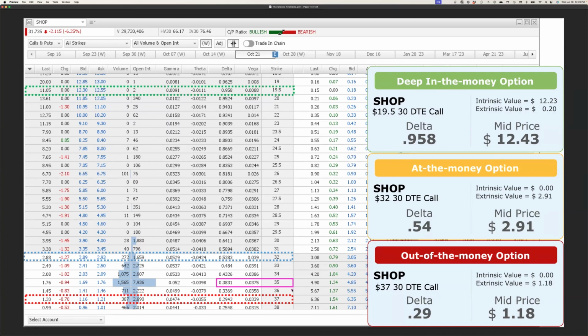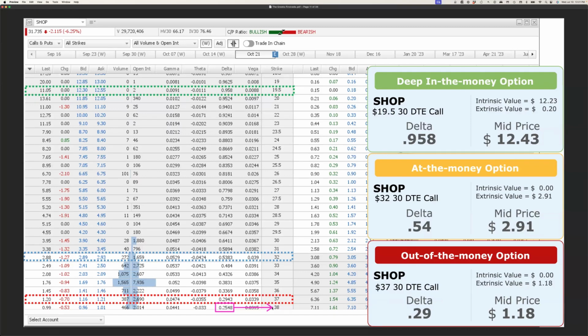If you use a delta-based approach to select your covered calls, meaning every single time you look at selling a covered call, you always find the strike price that is closest to 0.25 delta, in this particular case a $38 strike price, then if you always use a probability-based approach, you're going to have a much more consistent income stream from your strategy.